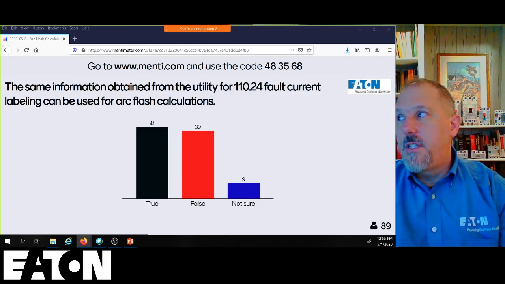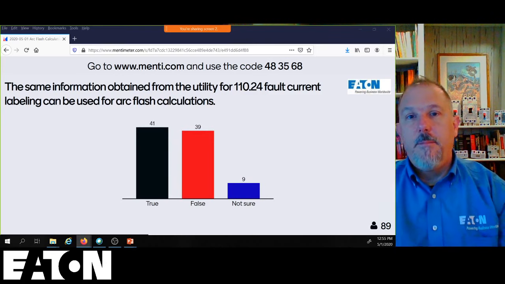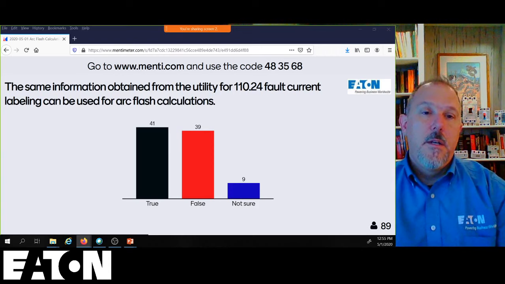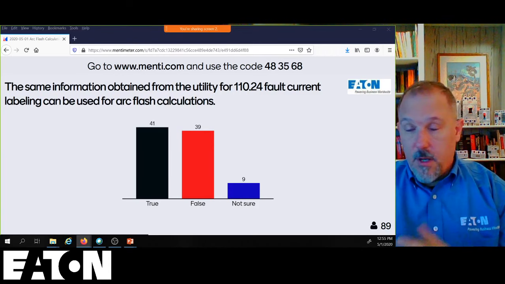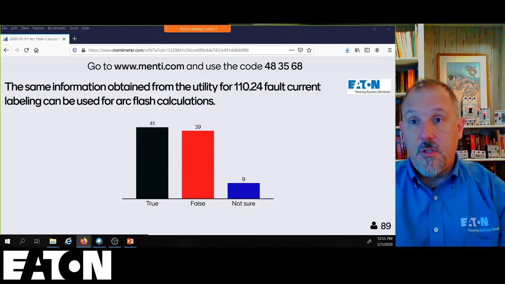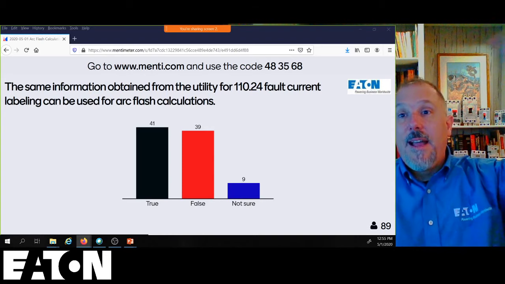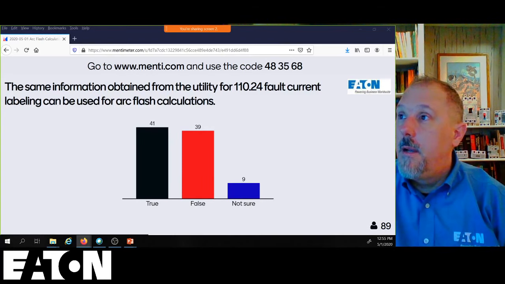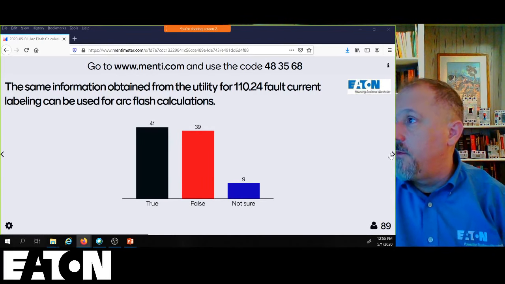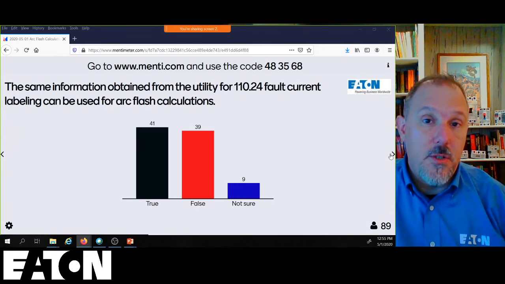And I would also say that even if you're using the table method, if you're at the service entrance equipment, that's one of the most dangerous places in the power distribution system. It's hard to even apply the table method at that location because you're looking at that next upstream device. But we'll talk more about that as we move forward. I would put my name in false on this one.